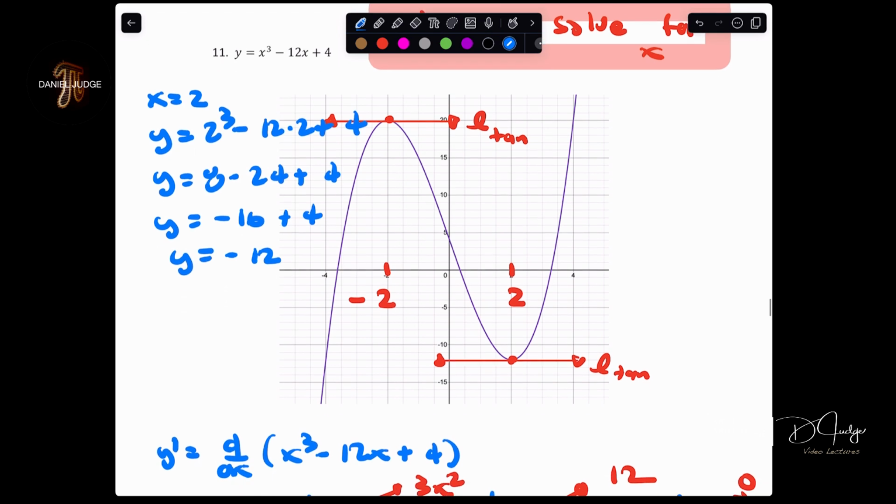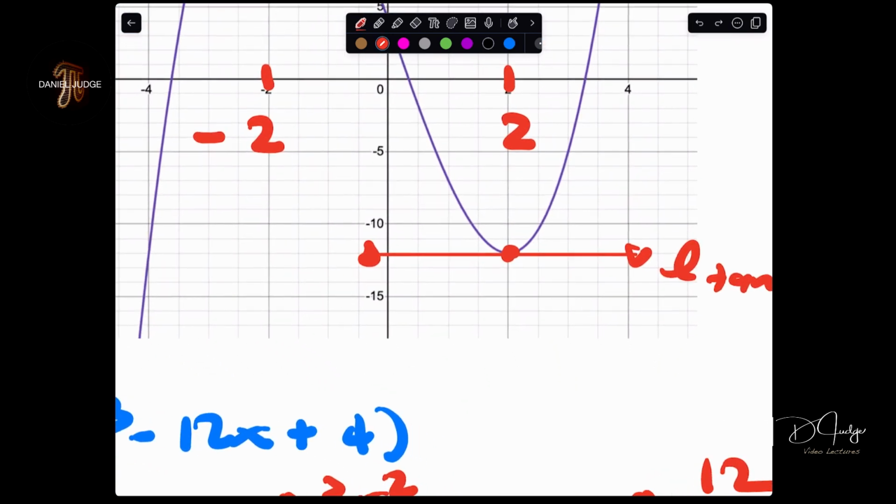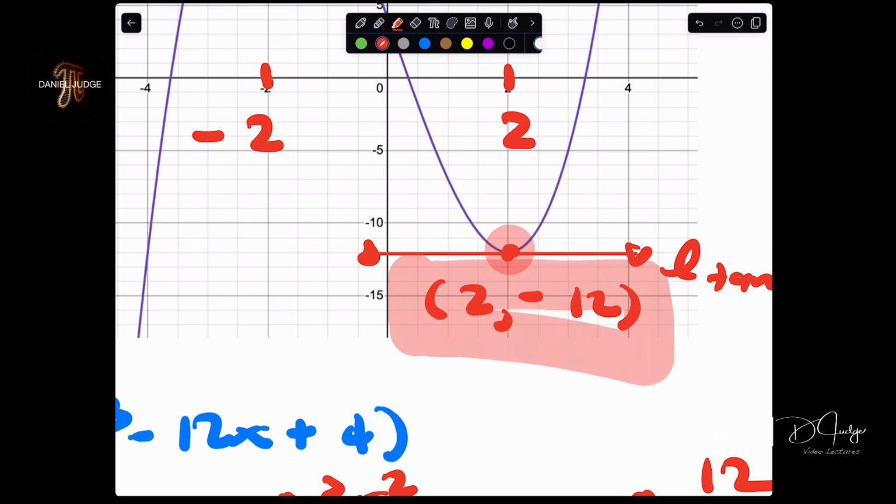So when x is positive 2, y is negative 12. And sure enough, that's what it looks like. We found the x and y coordinates. That's the location. That's what they want.